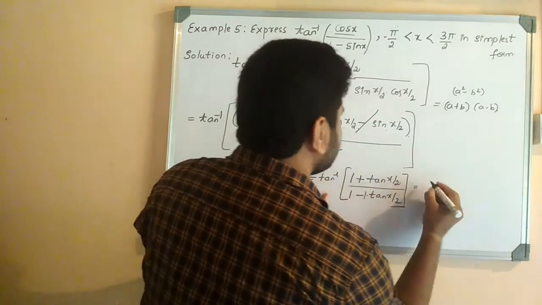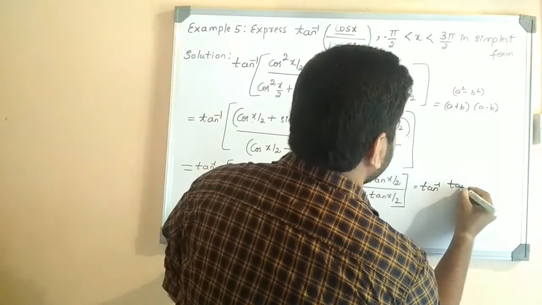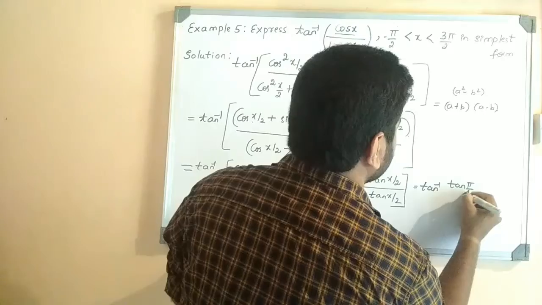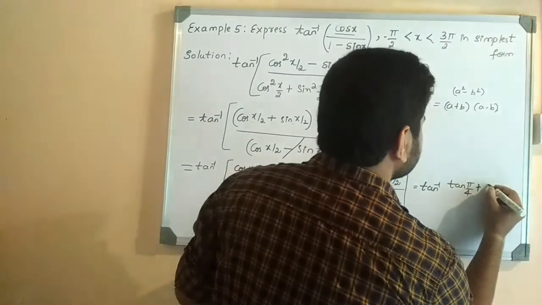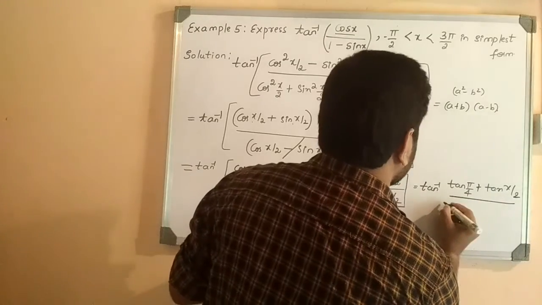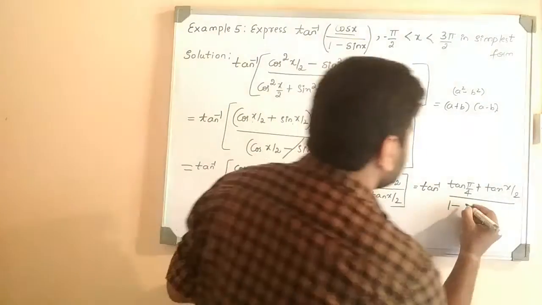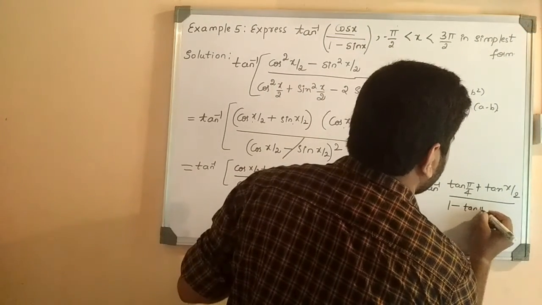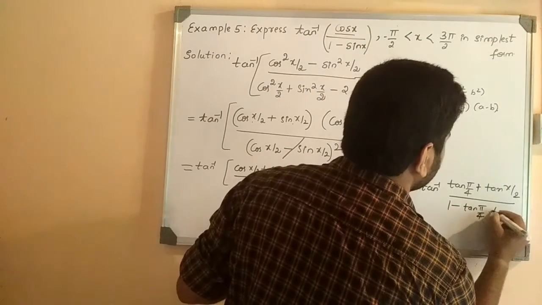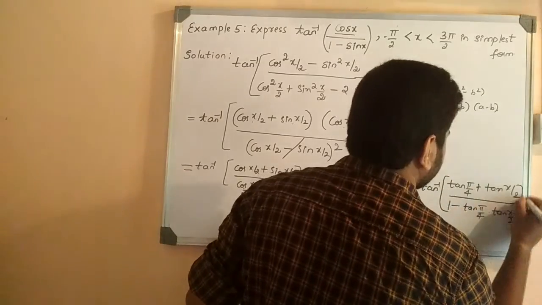This 1 can be written in terms of tan pi by 4 plus tan x by 2 by 1 minus, here 1 into, so tan pi by 4 into tan x by 2.